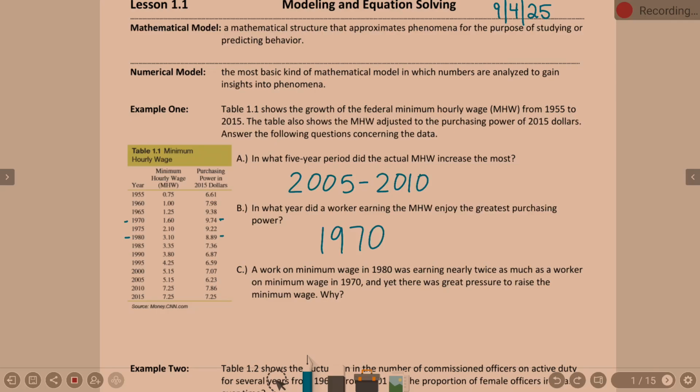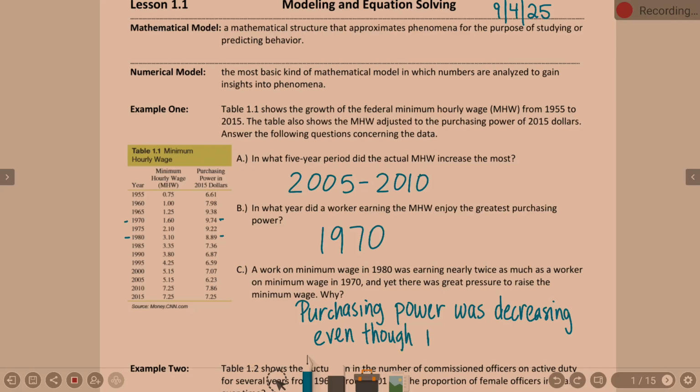So I have written on mine, purchasing power was decreasing even though the minimum hourly wage increased.